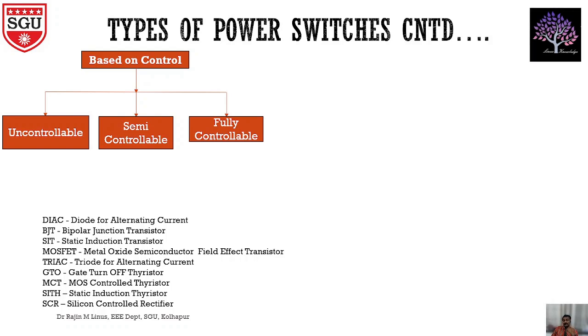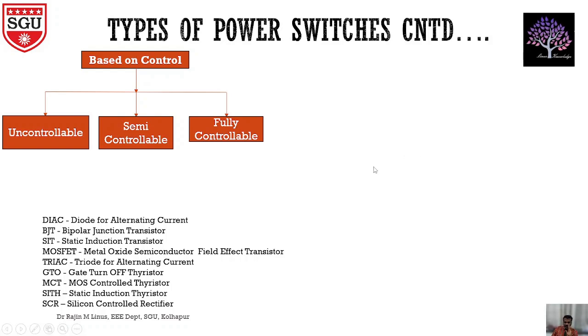We should have a separate circuit for switching off. That's why it is called semi-controllable. Fully controllable means we can switch on, how long it should be on, and when we have to switch off, everything can be controlled by using the controller. So uncontrollable means we cannot control at all. Semi-controllable means we can switch on but we cannot switch off. But fully controllable means we can switch on, control and switch off also.